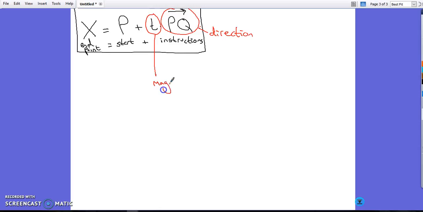So that controls the magnitude of these instructions. So I know in which way I'm going, I know then how far I'm going to get there. I add that to my start, and I end up at some point x.